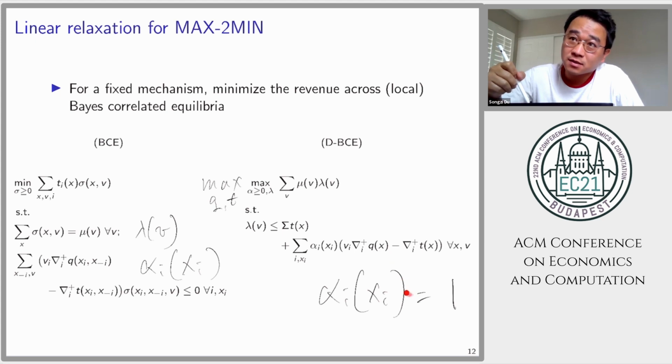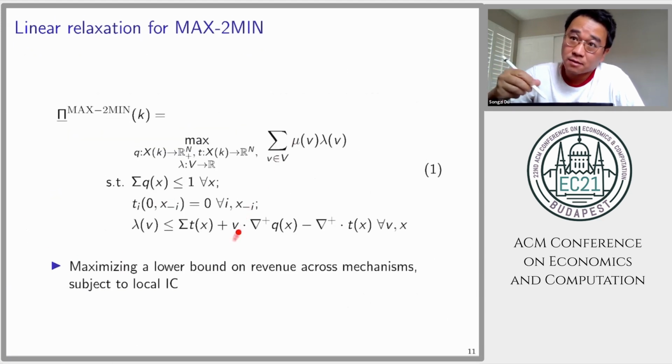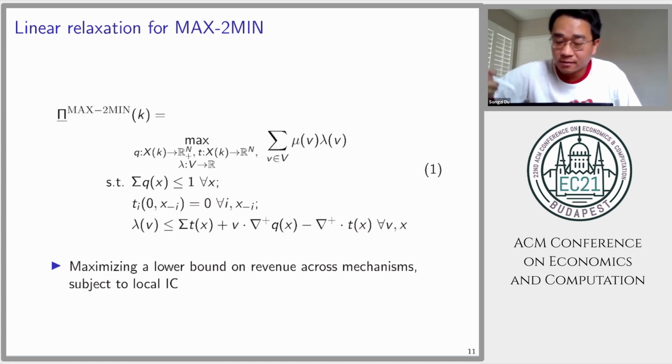Okay, so in some sense, that is without loss. So by letting the multiplier for the local obedience constraint be 1, we get exactly this linear program. Okay, so that's our first linear relaxation for max to mean for the seller's problem.